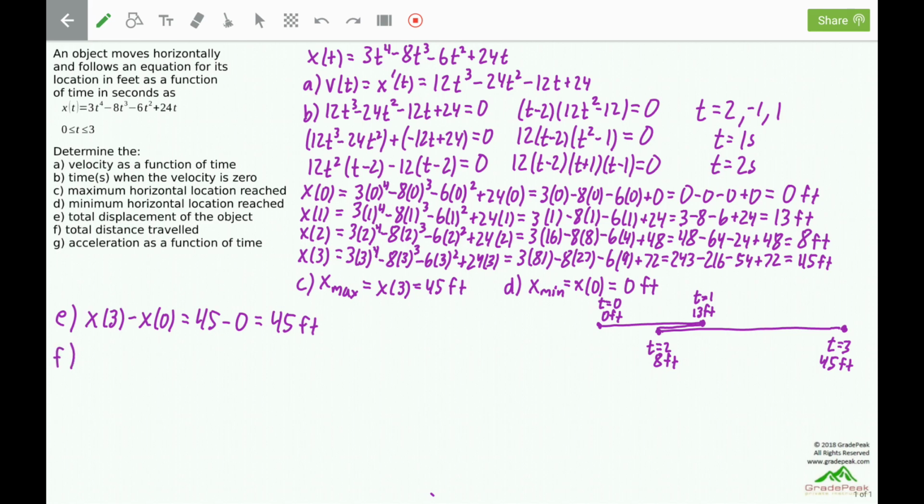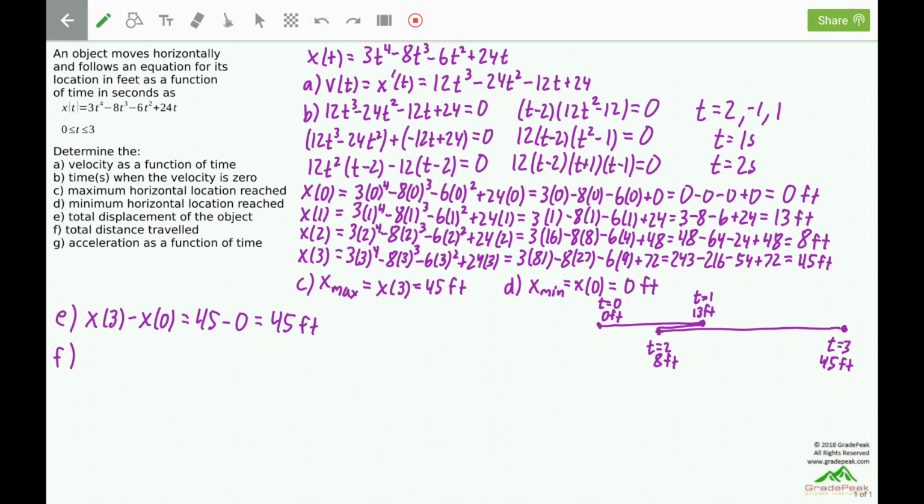The total distance traveled will be how far did it actually move altogether. And it's going to move this piece here plus this piece here when it's turned around, and then this piece here, it's turned around again, and we add up all of those distances.